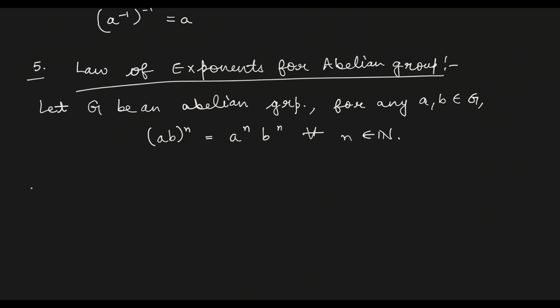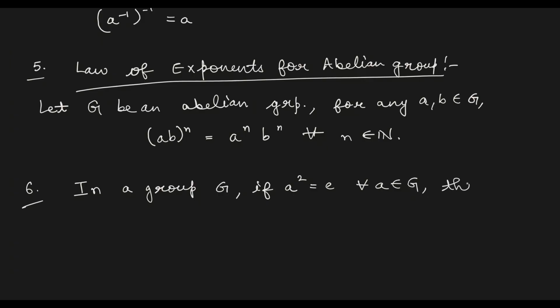Sixth, in a group G, if a square is equal to e for all a belongs to G, then G is abelian. Means if in any group G, the square of any element is the identity element, then that group G is abelian.